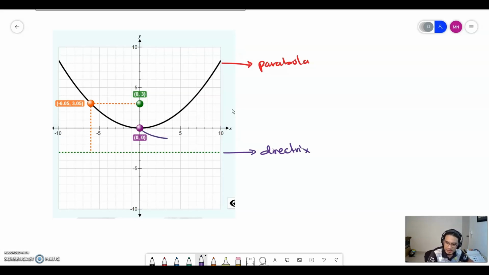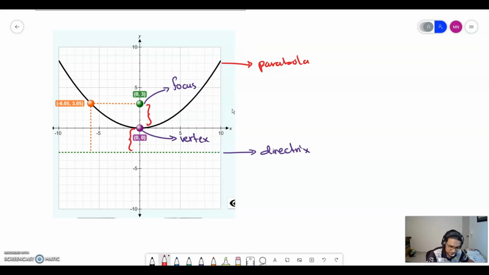The purple dot is called the vertex, and the green dot here is called the focus point of the parabola. The identity of a parabola is that the distance between the focus and the vertex is the same distance from the vertex to the directrix.